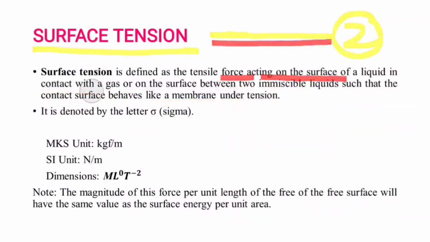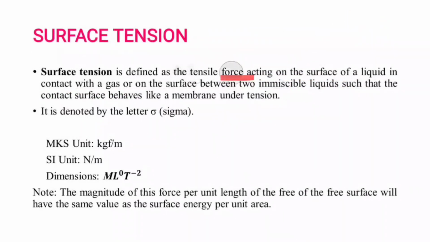The best example for surface tension is a mosquito on the water surface. Let's say this is the mosquito, this is the water surface. It cannot immerse in water, it stands on the water surface.